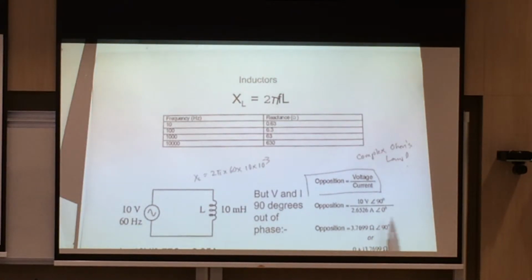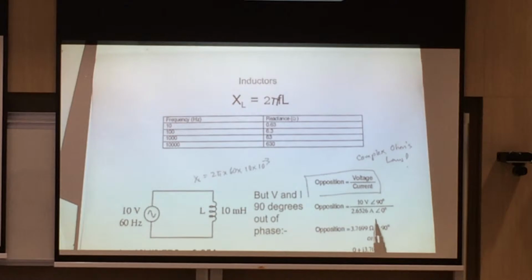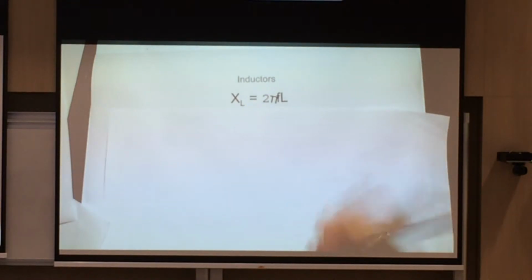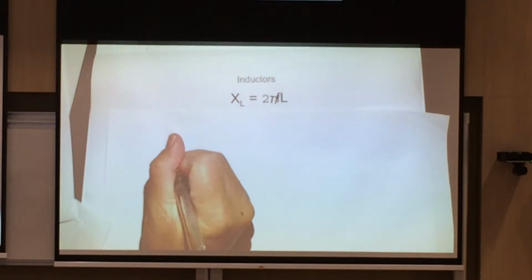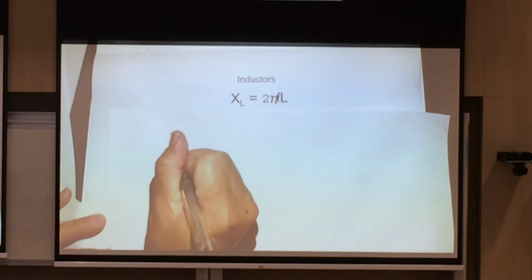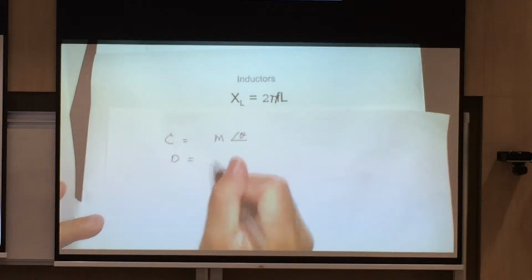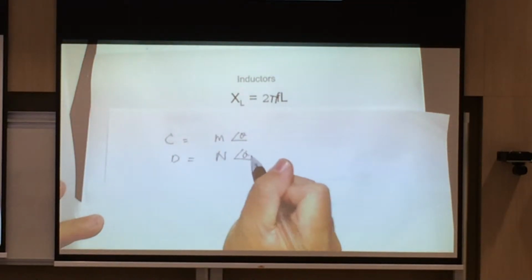Now class, here you have a complex number divided by another complex number. When you have complex numbers, let's say C is equal to N at angle theta 1 and D is equal to M at angle theta 2.